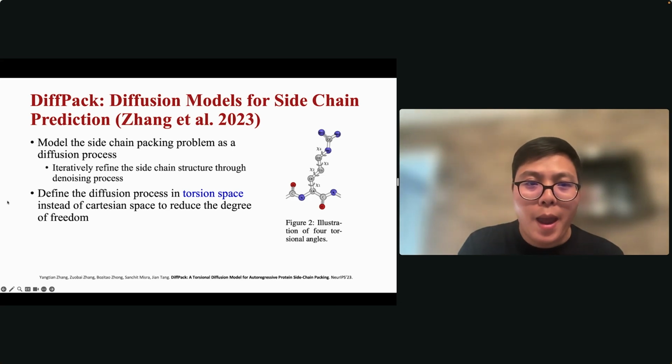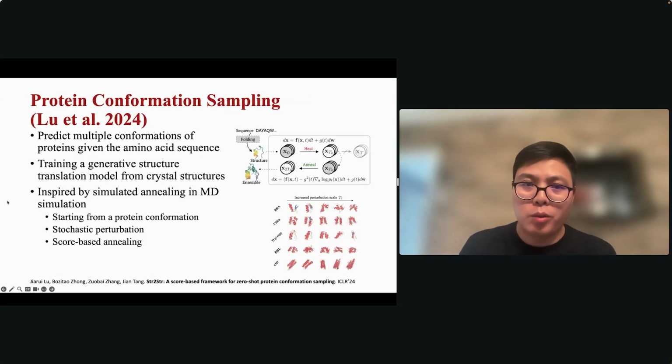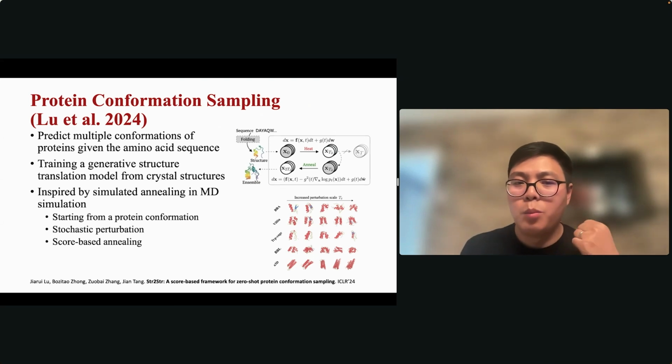Okay. And then the second work is also related to protein structure prediction. As we know, AlphaFold2 and ESMFold only predict a single structure for each protein sequence, but we know each protein can take multiple conformations, right? And that's why here we try to predict multiple conformations given an amino acid sequence.